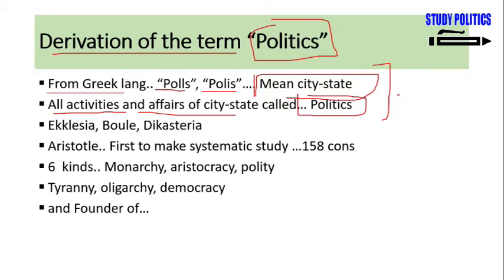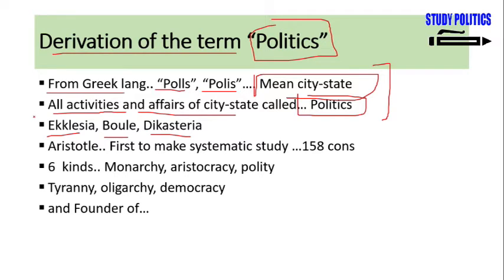Similarly, most of the Greek city-states had some political institutions in which citizens used to participate. For example, if we take Athens, which was one of the Greek city-states, there were different political institutions like ecclesia, boule, dicasteria.